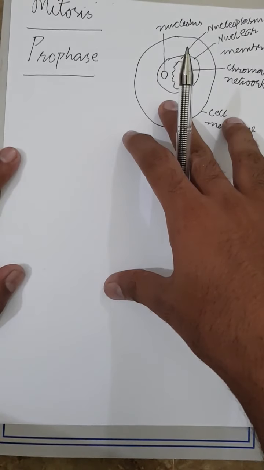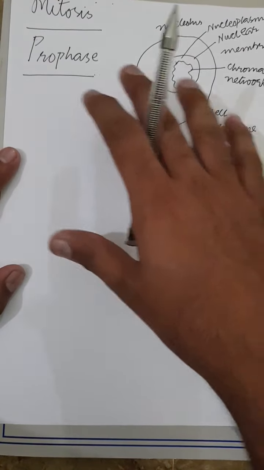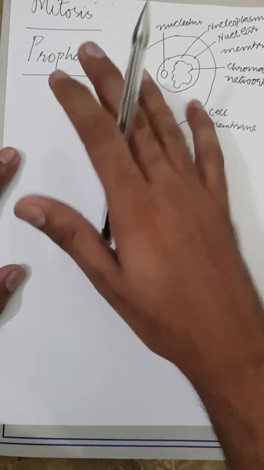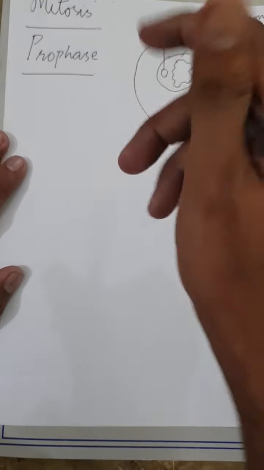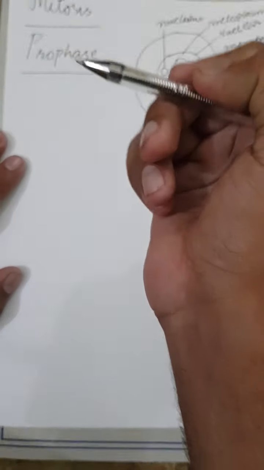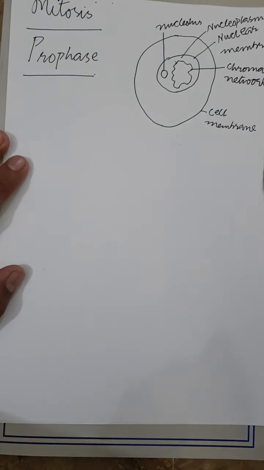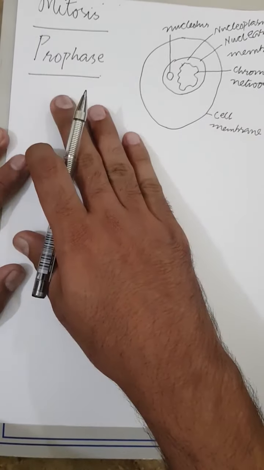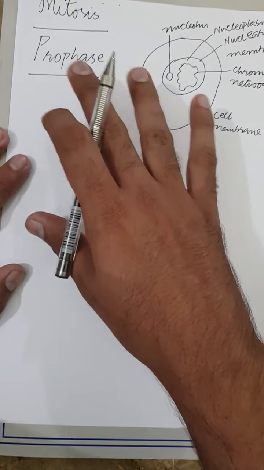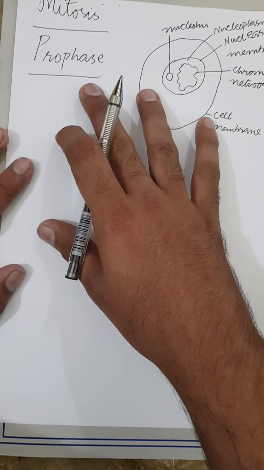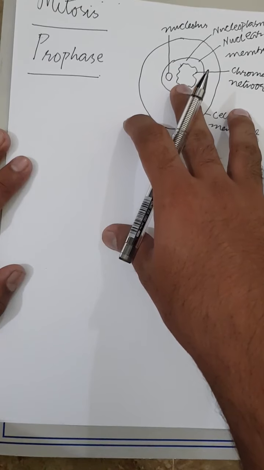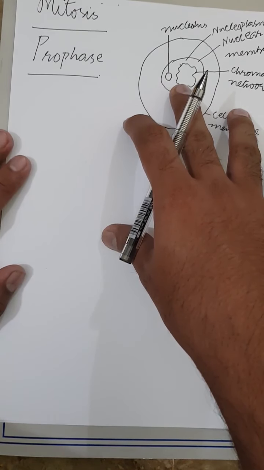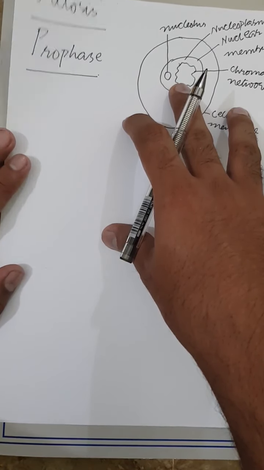Most of the biologists, and our book as well, divide this prophase into three stages. So you can call it early prophase, mid prophase, and late prophase. The purpose of the prophase, or the jobs that are to be done in this particular phase, are basically three kinds of jobs.